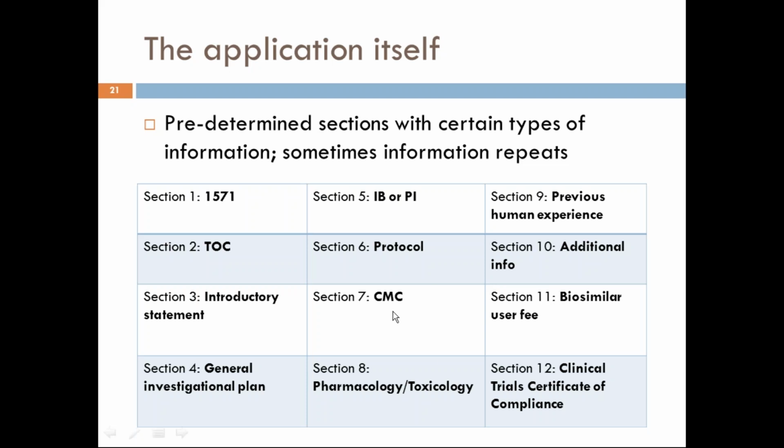Then section 7, CMC, stands for chemistry, manufacturing, and controls. This is where you talk about how you made the drug, if it's sterile, how you tested that it was sterile, what your source of the buffer was that you bought on May 18th, 2018, and what the lot number was. If you have a new drug that's manufactured, we used to have a biologic manufacturing facility here on campus, and I was a quality assurance officer for them.